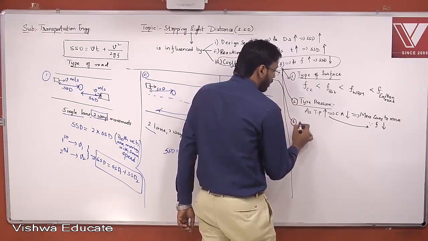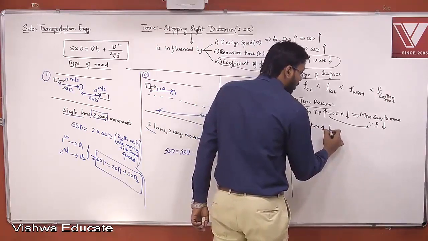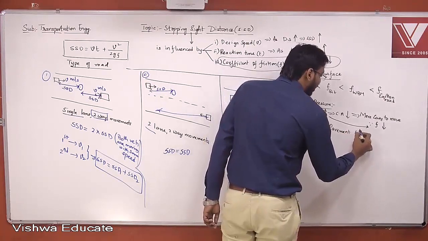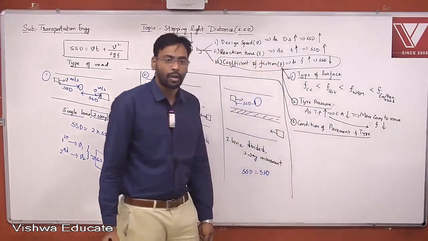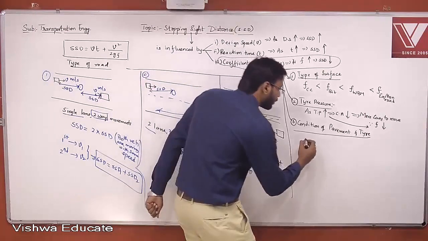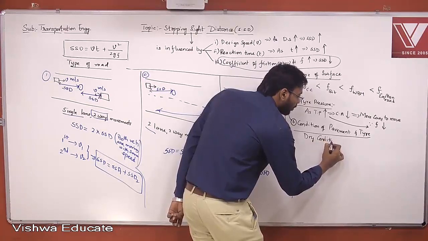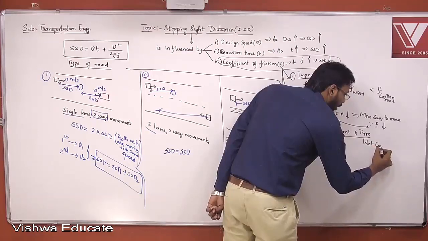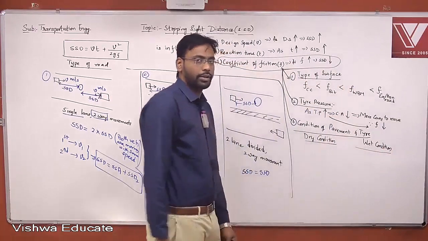Third one is condition of pavement as well as tire. Both of them I'll explain in the same criteria. Now we have two conditions of pavement: dry condition and wet condition.